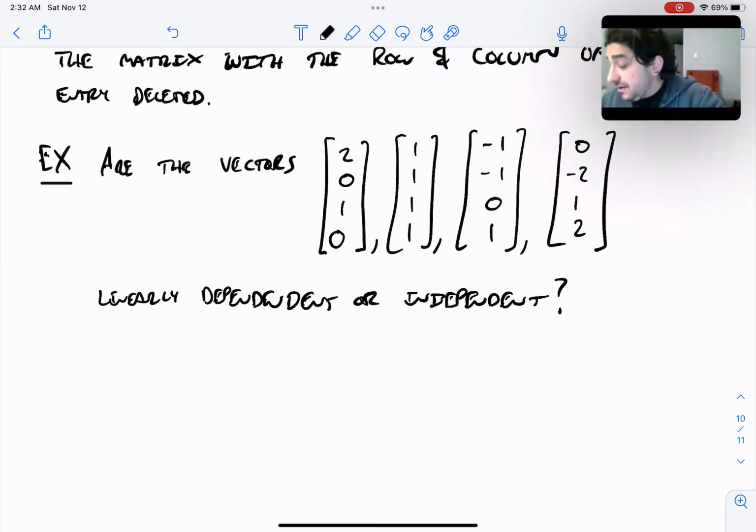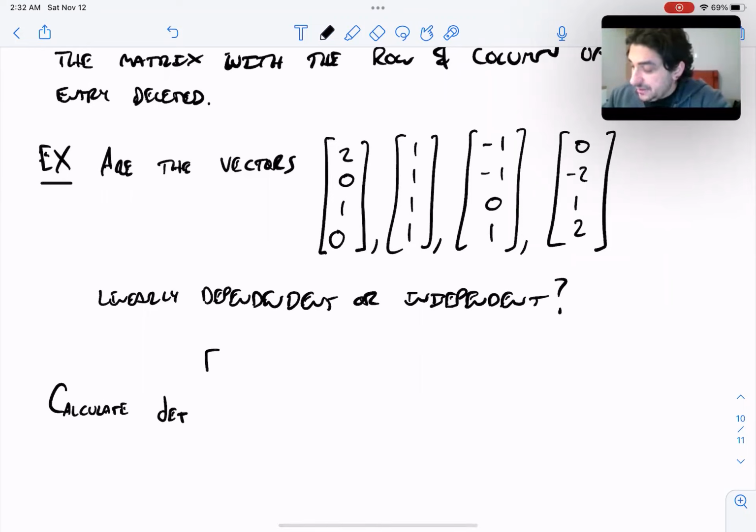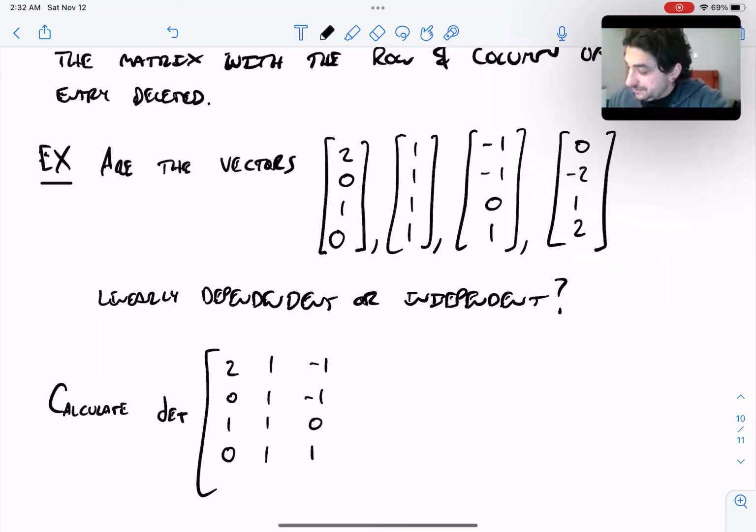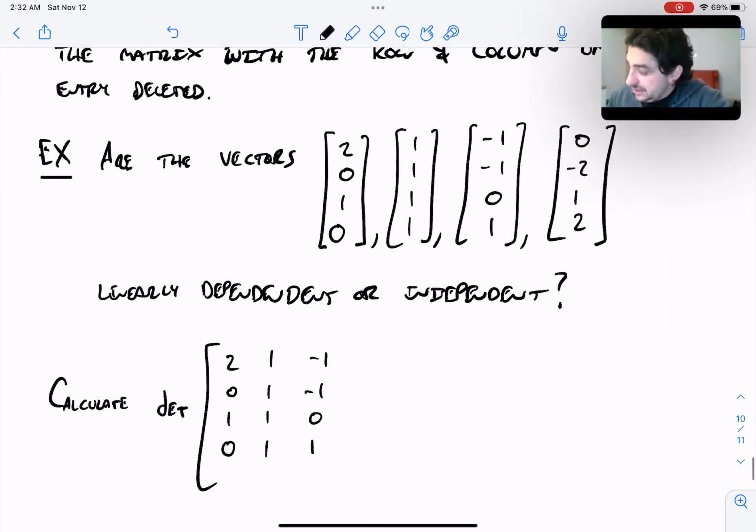And I want to know, are they linearly independent or dependent? So what I'm going to do is I'm going to use this vector independence theorem. I'm going to calculate their determinant, the determinant of this 4 by 4 matrix, right? 2, 0, 1, 0, 1, 1, 1, 1, minus 1, minus 1, 0, 1, and then 0, minus 2, 1, 2. Right, this 4 by 4 matrix, I'm going to take its determinant.